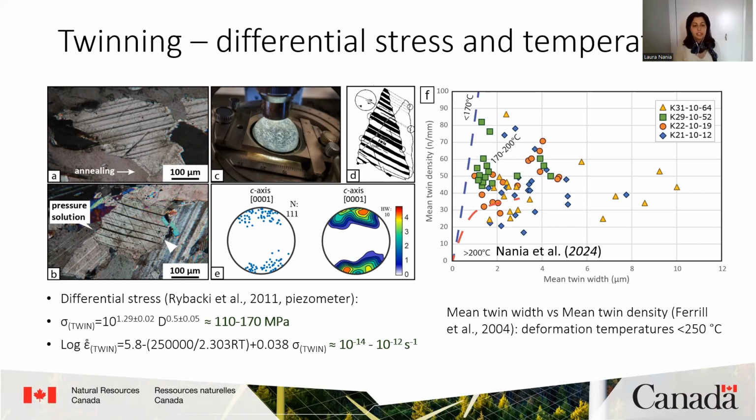In the case of twins, the differential stress recorded by the calcite grains in monomineralic assemblages was around 100 to 200 megapascals, which is still a normal range of differential stress values that we can find in detachment zones, and with natural strain rates of 10^-14 to 10^-12. I will go back to that number later.